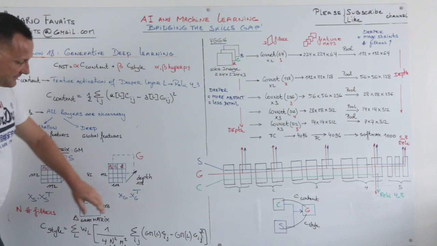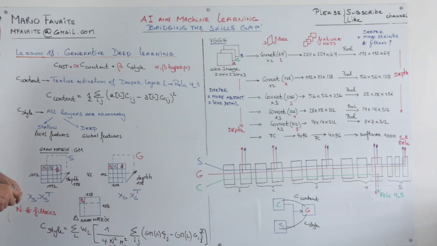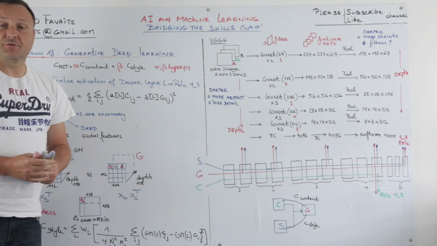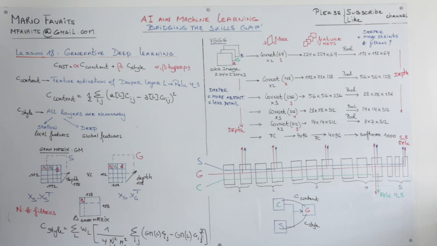Delta means the difference between these two gram matrices, and basically it's a measure of similarity. Alright, so we will not do a coding session on this one.